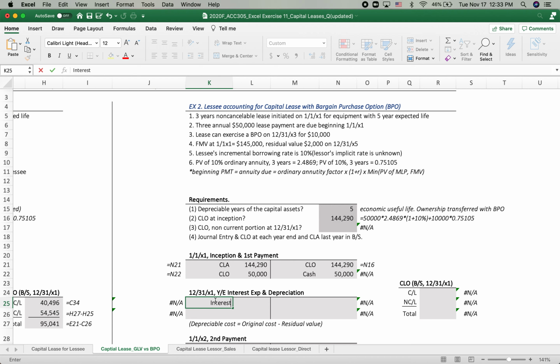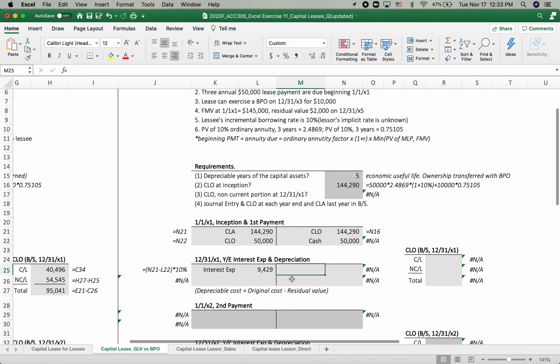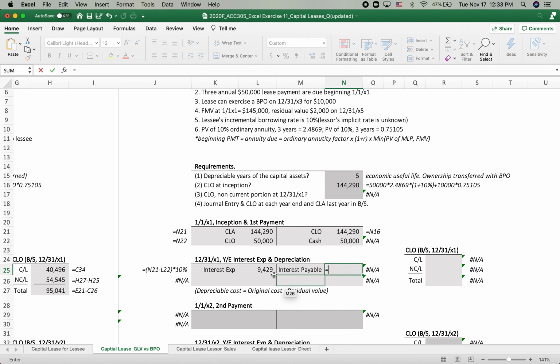Interest expense: the principal at inception reduced by the first payment, times 10%, so 9,429 is the interest expense, but we don't pay this interest expense yet. Every payment recurs at the beginning of the year, so at the end of the year, for the purpose of closing the books, we need to recognize the expense because we used this liability for 1 year. So we record interest payable until the next payment.